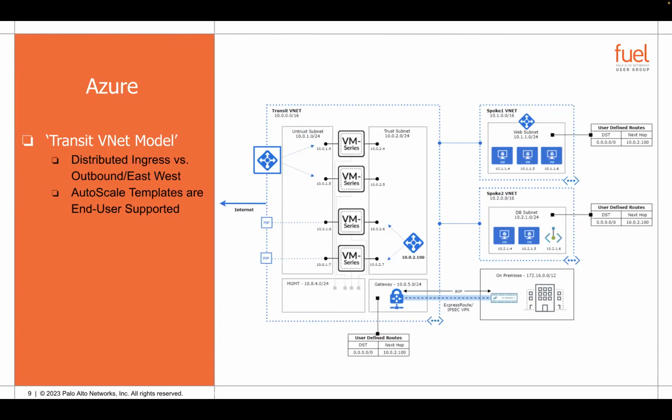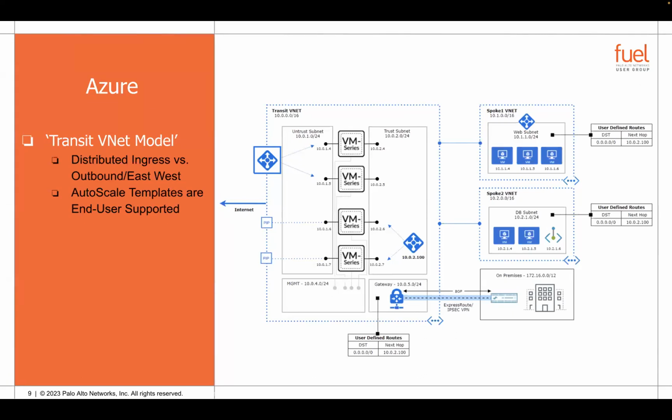To understand these, you have to look at the reference architectures that we've put out there for customers for how we recommend deploying firewalls within a given public cloud environment. Specifically with Azure, the transit VNet model reference architecture.